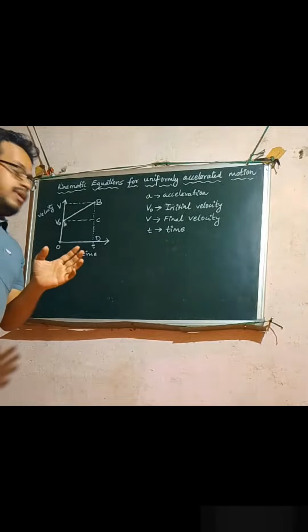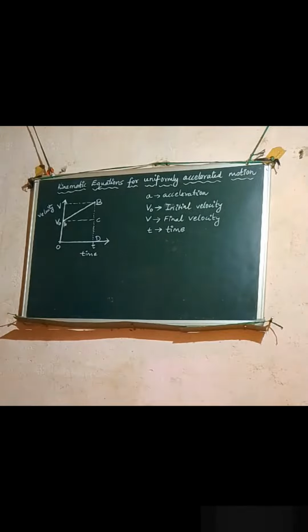So what we do now is, in order to derive the first kinematic equation or first equation of motion, we consider one of the features of the velocity time graph. From the velocity time graph, as we know, the slope of the graph gives the acceleration, isn't it? So I will consider that particular factor and try to derive the equation.